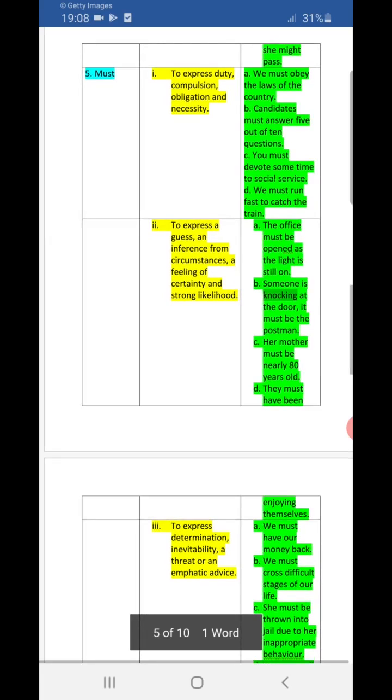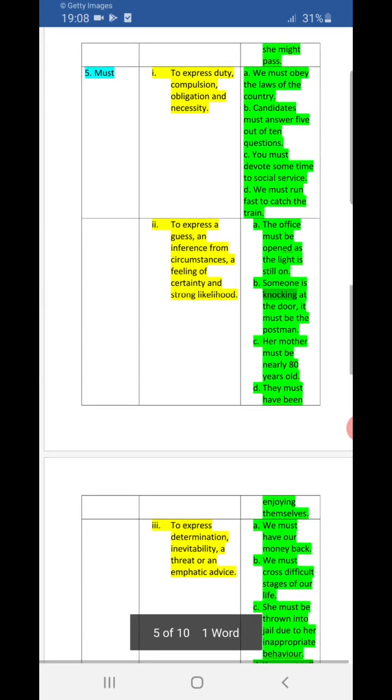Next one. Number B. Someone is knocking at the door. It must be the postman.